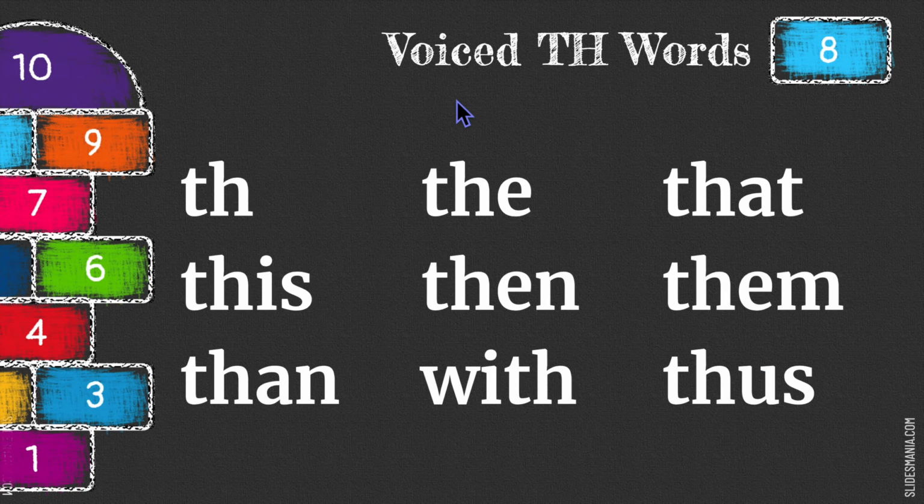Now let's do some words with the voiced th sound. Th. This word ends in a vowel, so we will try the vowel's long sound. The. Now, usually when we're reading, our mouths get kind of lazy, and instead of saying the, we say the.